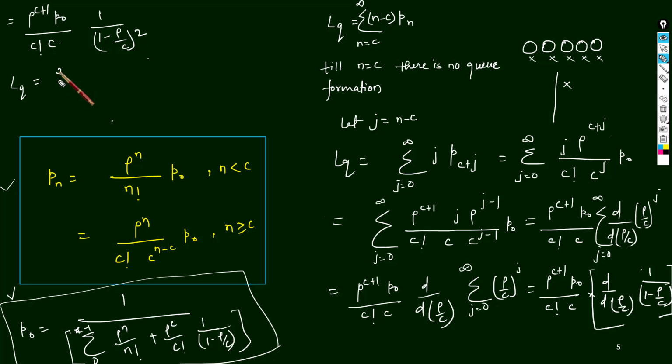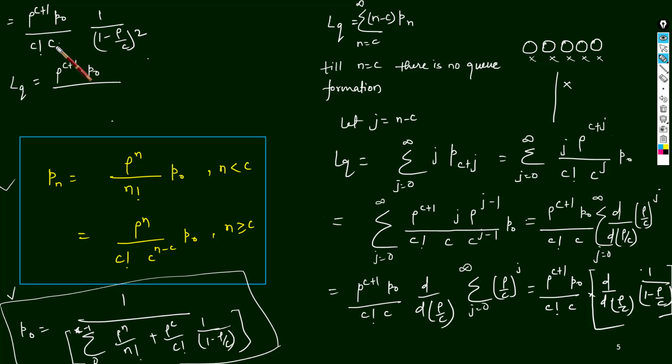So now we can write c plus 1, p naught divided by, okay, here what will happen, if we write this here we put c, so c minus rho by c squared.